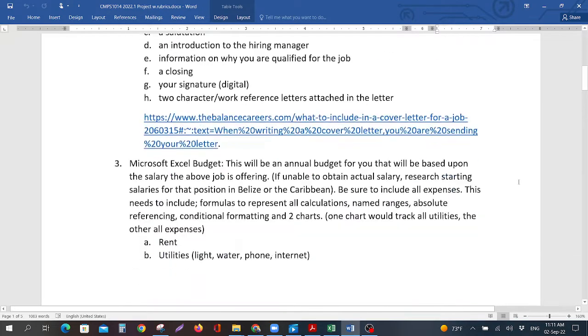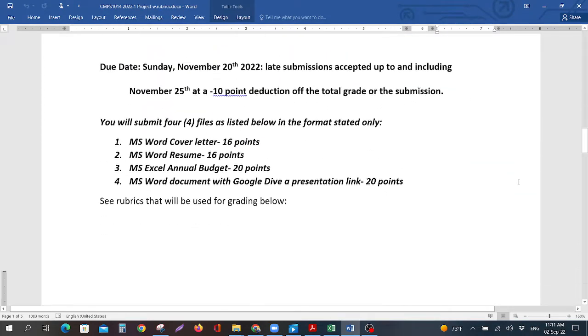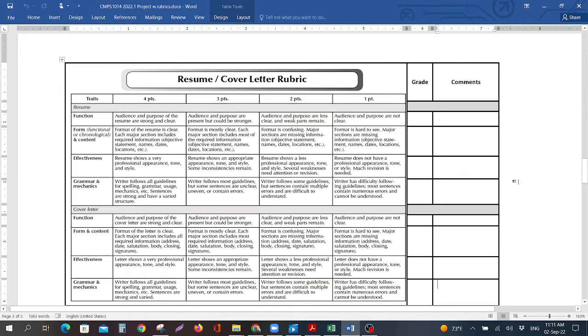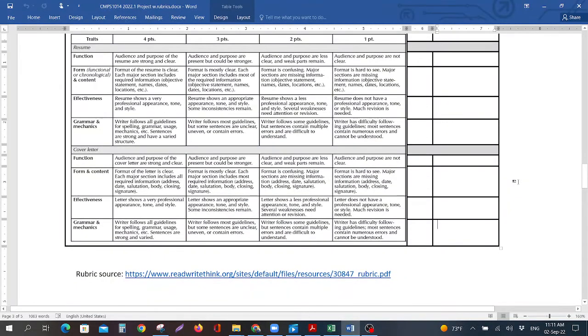Now looking at the actual rubric for the cover letter, it states at the bottom that you have 4 areas, very similar to almost identical to the ones for the resume. To get full points, it must be clear reading your cover letter what the purpose is and who the intended audience member is, the person that you're writing the letter to, whatever the advertisement asks.